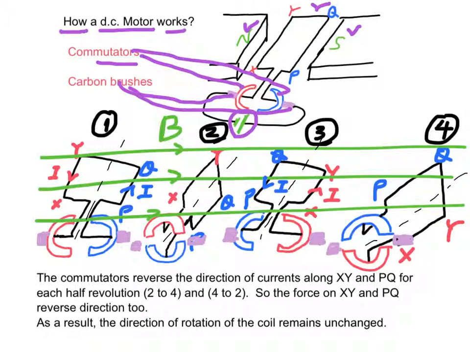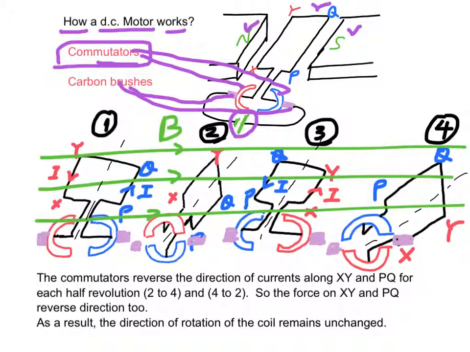The carbon brush is used to fix the commutators so that the coil will not rotate away from the axis, and the commutator will rotate with the coil.